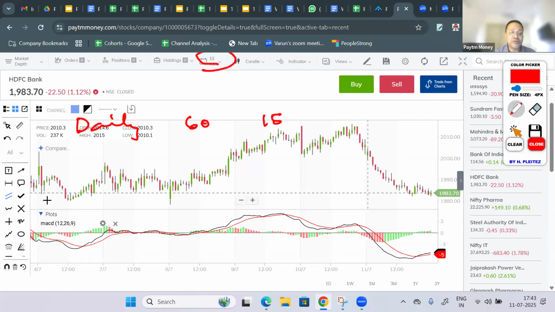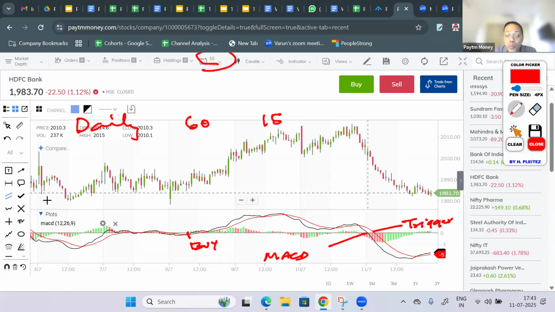In MACD, moving average convergence divergence, there are two lines. One is called the trigger line, one is called the MACD line. This black line is the MACD line, and this red line is the trigger line. When the MACD line crosses the trigger line from below, this is called a buy signal.